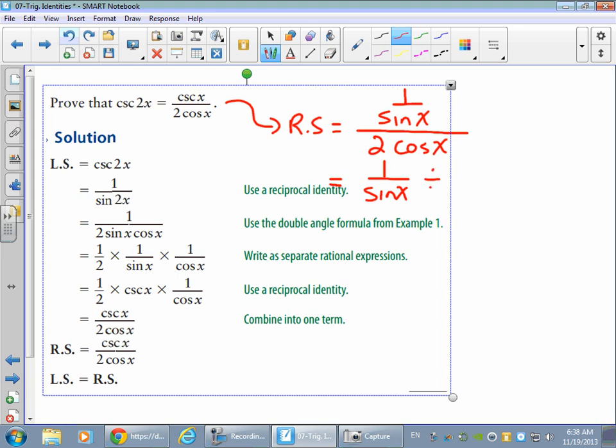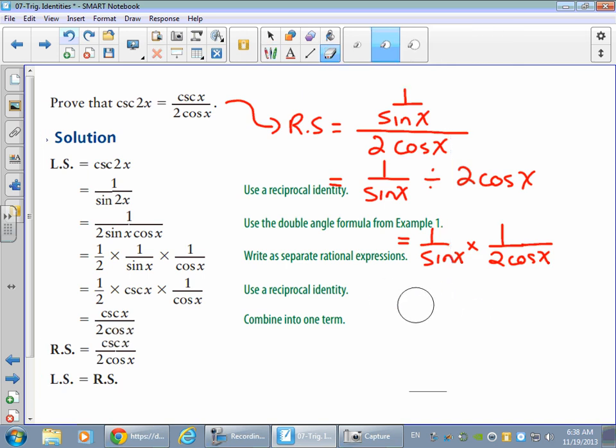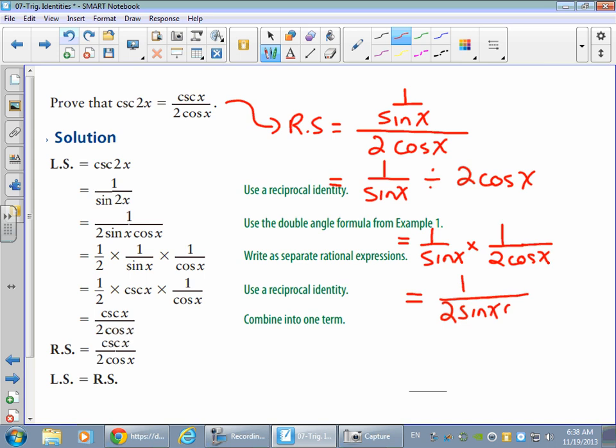When I have a fraction over a fraction, or a rational over a rational, rewriting it with this division symbol is probably going to be quite helpful for me. And so this is 1 over sine x divided by 2 cos x, which is 1 over sine x times 1 over 2 cos x, which is 1 over 2 sine x cos x.